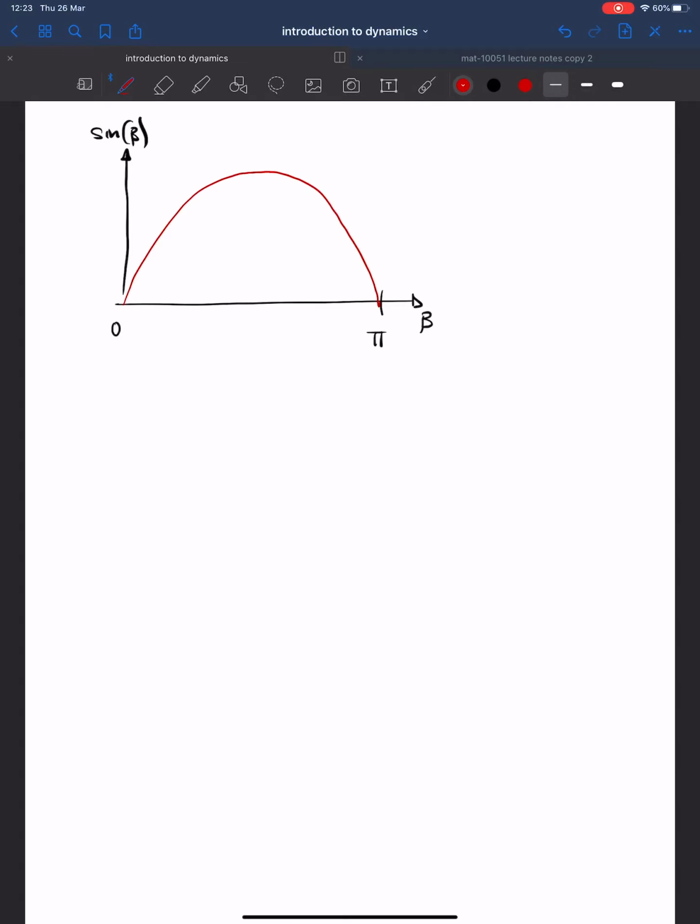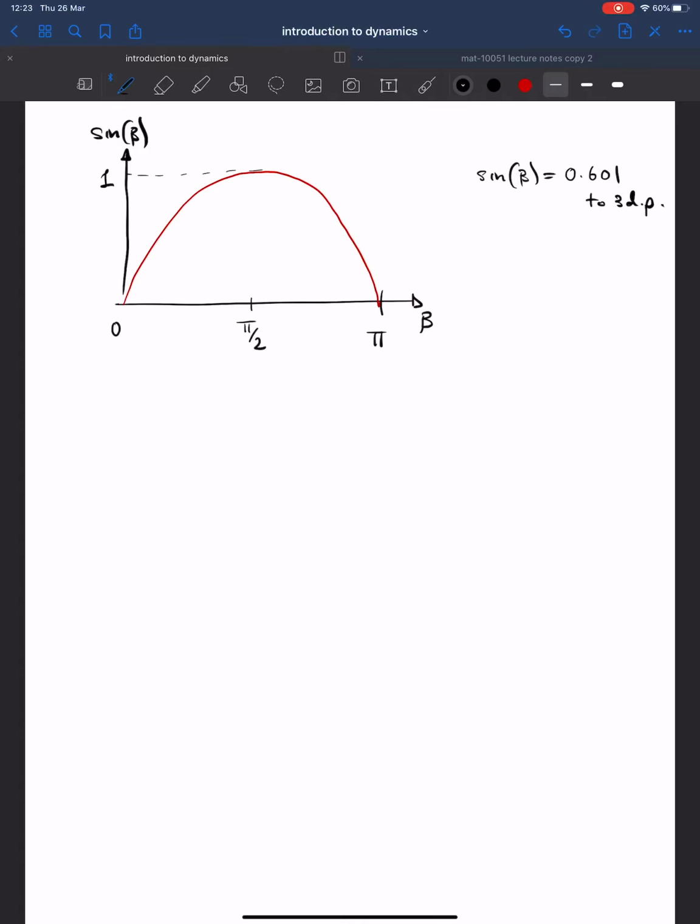Or I try to draw the usual curve. Now this is pi over 2, and this is 1. Honestly, this simply has to be a sketch to give us an idea of what's going on. We want when sine of beta equals 0.601 to 3 decimal places.